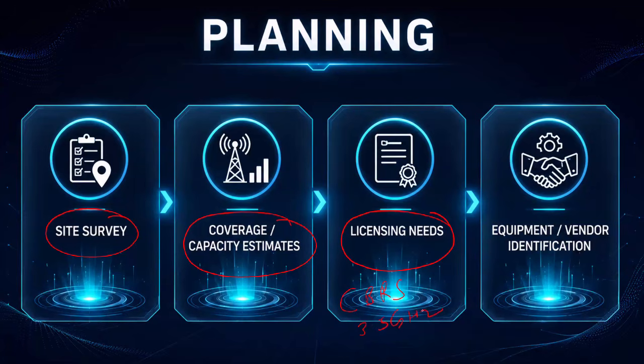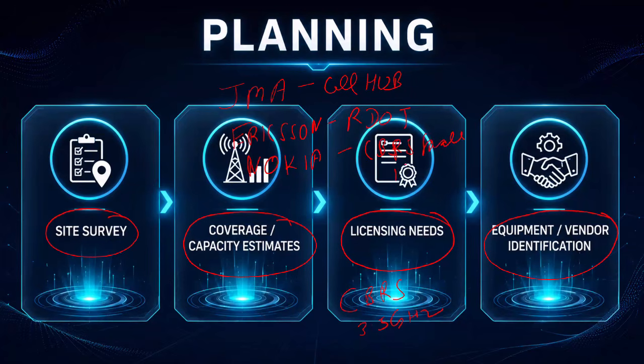And finally, we have equipment and vendor selection. Based on the requirements, we can identify the appropriate small cells, radios, core network, switches, and other infrastructure as well. For example, for radios, for GMA we are using Cell Hub. For Ericsson, we have Radio Dot. For Nokia, we have CBRS small cells or the ACIR solution, right?